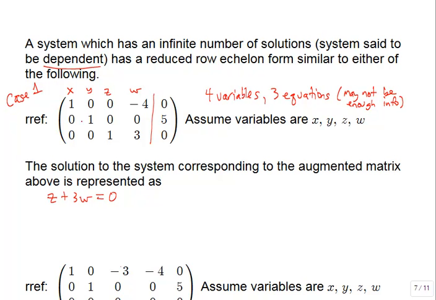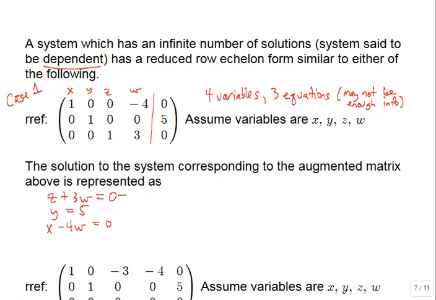Let's move up a row. This middle row says no X's, 1 Y, no Z's, no W's, and that's supposed to equal 5. So at least we know exactly what Y should be. The top row tells me that 1 X plus no Y's and no Z's, but a minus 4 W, is supposed to equal 0.